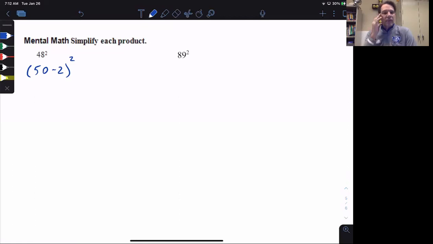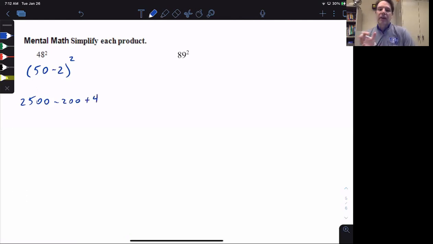Okay, so in my head, what I would be doing is solving it this way. 50 squared is 2,500, right? I take the first term and I square it. Then I multiply the two together. Well, 50 times negative 2 is easy. It's negative 100. And then remember, you have to double it, so that would be negative 200. And then it's the last number times itself, so negative 2 times negative 2 is a positive 4.